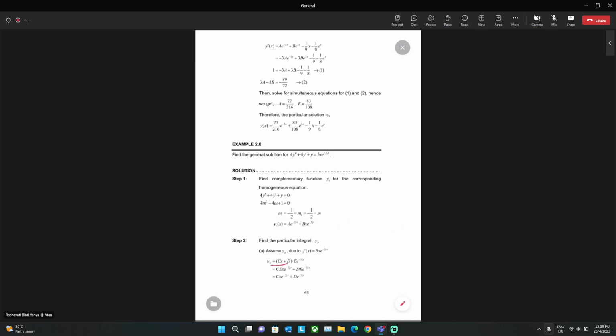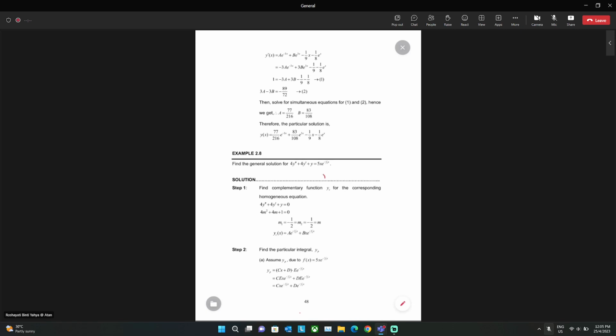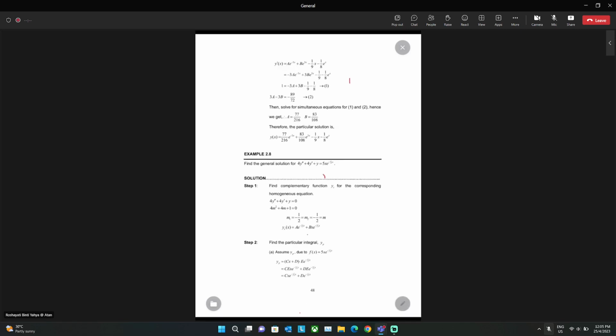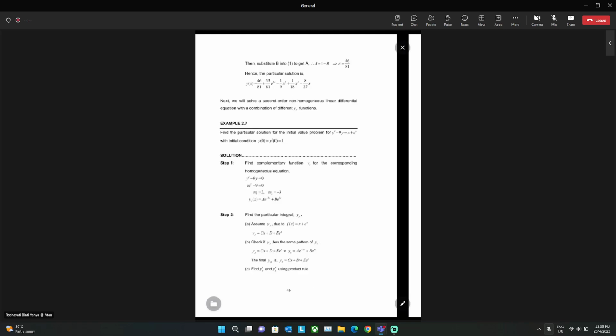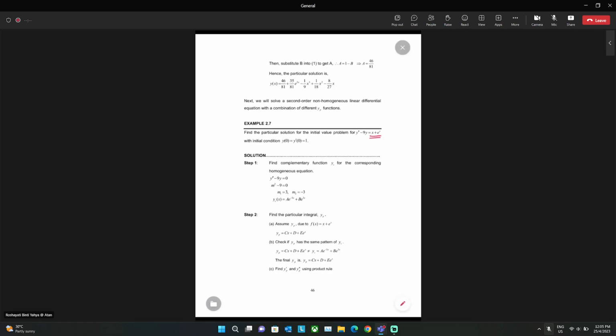So cx plus d, and e exponential negative half x. In example 2.7 we went through x plus exponential x.